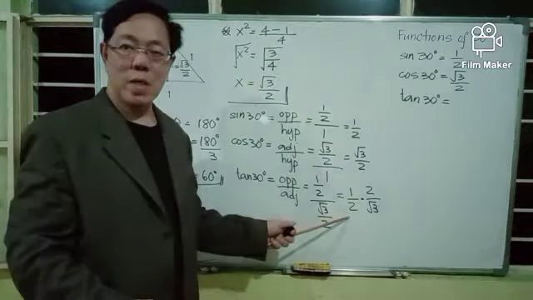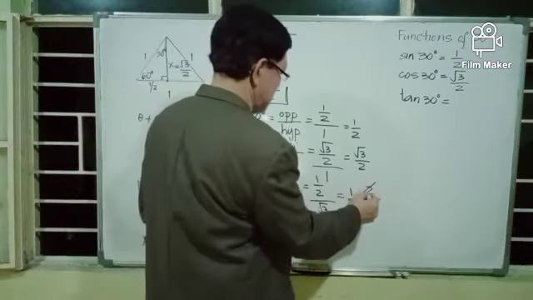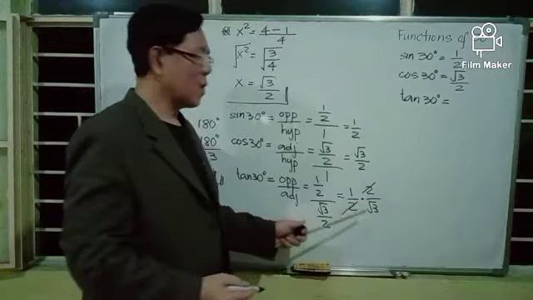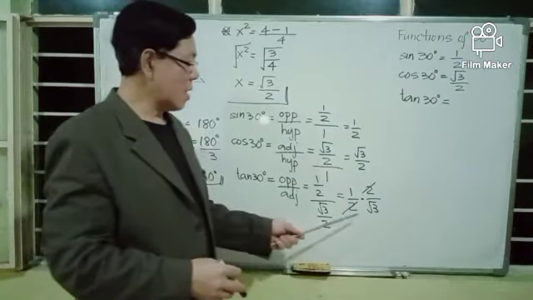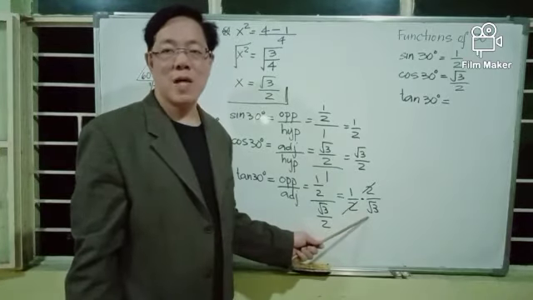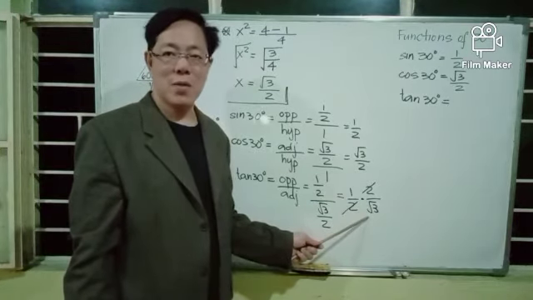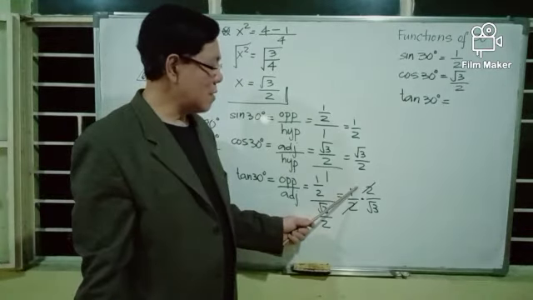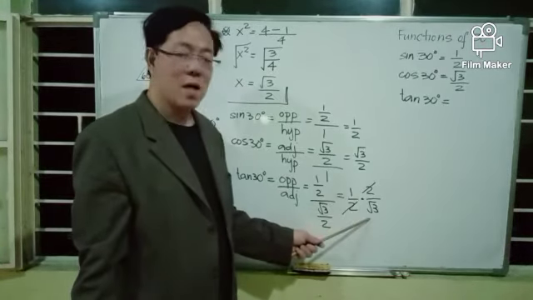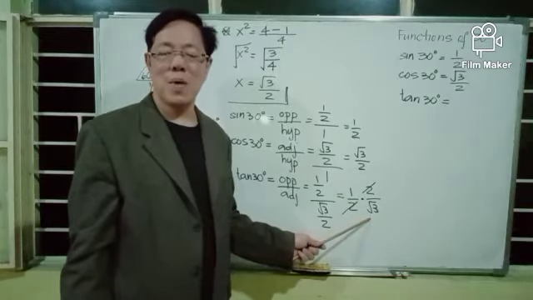And you can see 2 will cancel out, and we get 1 over square root of 3. To remove the radical sign from the denominator, we rationalize the denominator by multiplying 1 by square root of 3 and multiplying the denominator square root of 3 by square root of 3.